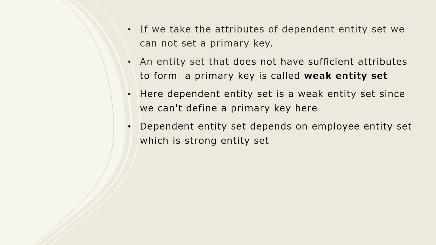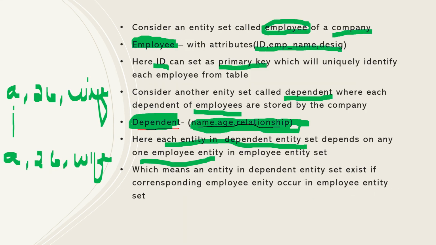For example, we said that the employee has a primary key called ID. Dependent is another entity set which has these three attributes. So we will take any one attribute which can help to identify the person uniquely. Let it be the name. So we are taking a subset of attributes which help to identify an entity in the dependent entity set uniquely.